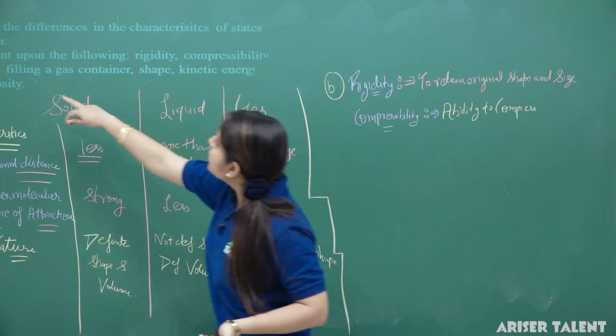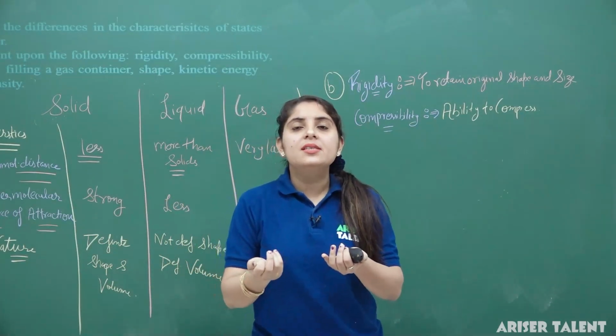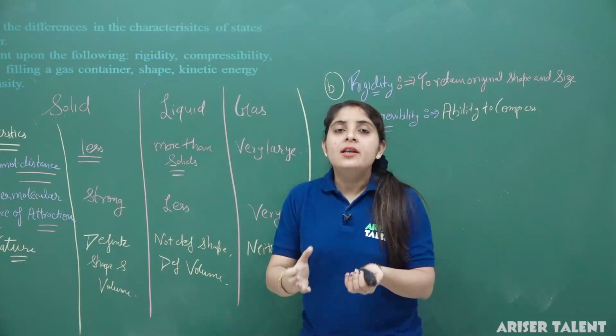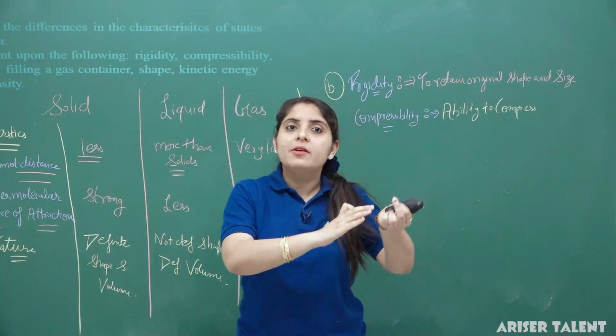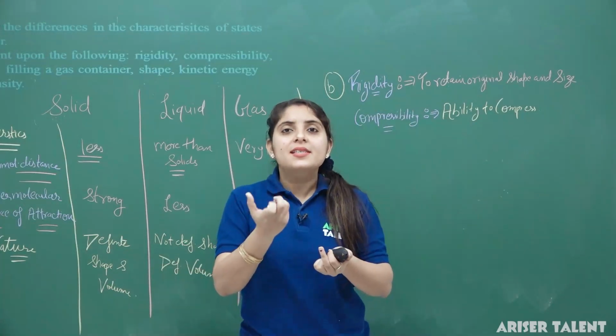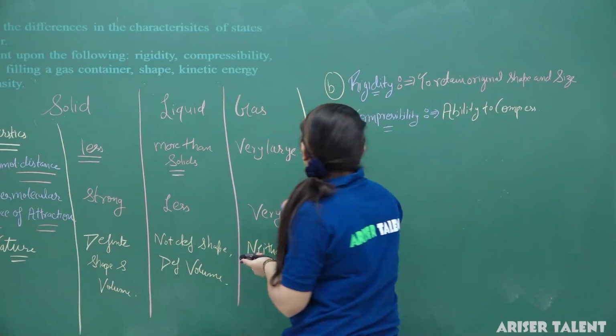Now we are on our third term, that is fluidity. Fluidity basically means the ability to flow of a liquid. If I consider liquid and gas, gases are more fluid as compared to liquids, so fluidity in case of gases is maximum.